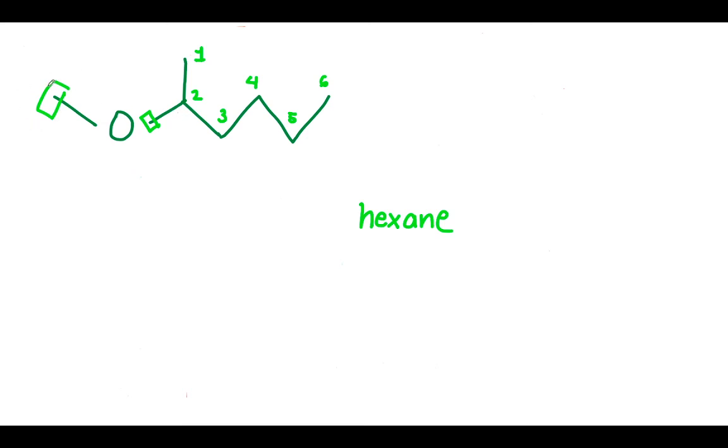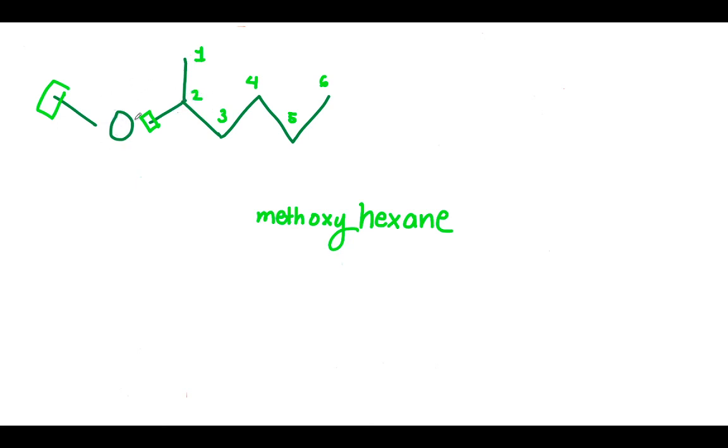And then I've got the small group here, right? So this is a methyl group. So this would be methoxyhexane. Now, the numbering comes in at this stage. After you've named the short section and the long section, and I've put oxy in the middle of it, I want to specify which carbon on the longer chain that this oxygen is attached to.